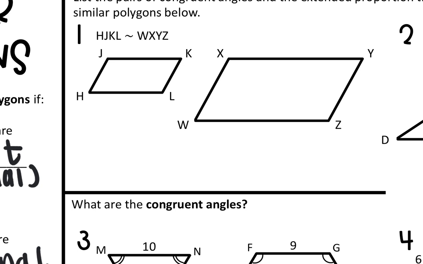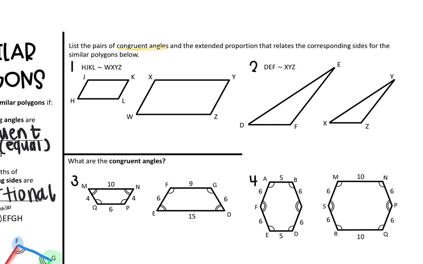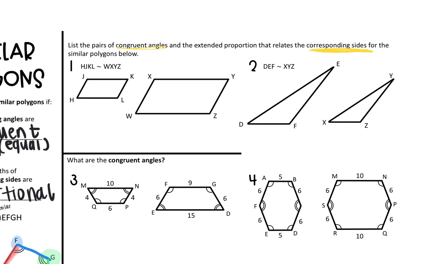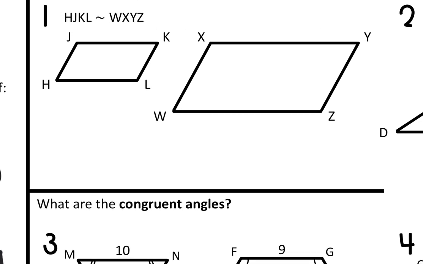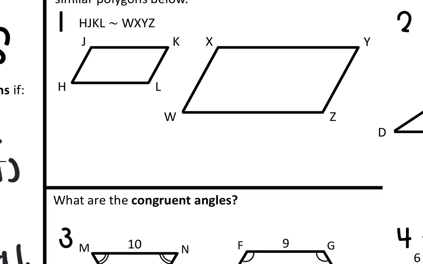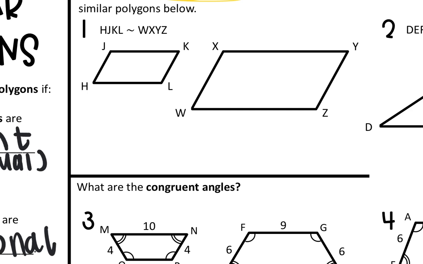Okay, so they want the congruent angles listed and they want the corresponding sides as well. Okay, so let's start with the angles. With the angles, I'm going to start with H. So H is in the same position as W. Okay, so I'm going to say that angle H is congruent to angle W.